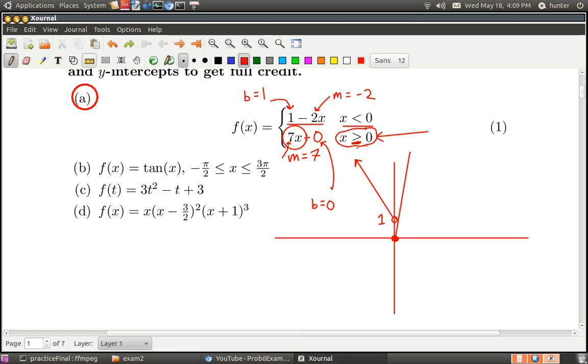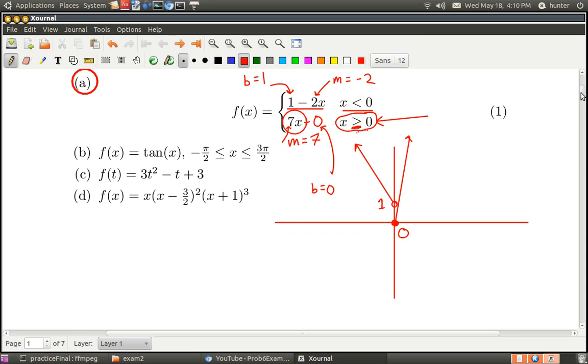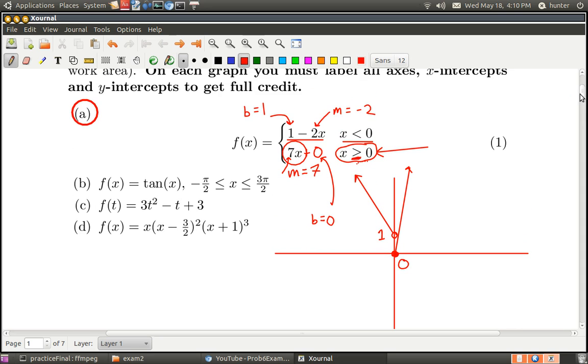Much steeper than the line of slope -2 there. And I'll put some arrows here to let you know that it goes on and on. And I should label that other thing. I will call this 0 because that's what it is. And this is it. So we just did A.